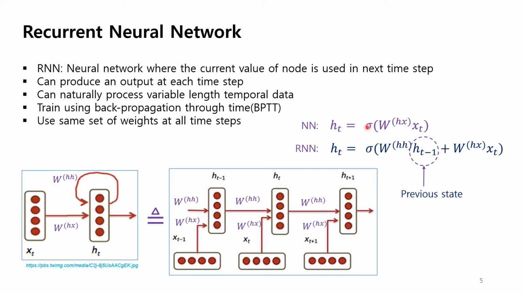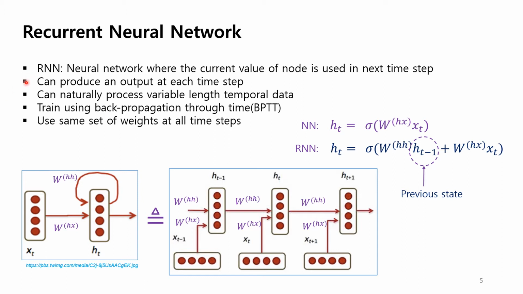So the only difference is that in RNN we have another input, which is the result of the previous state. Again, these weights are the same across all time steps. So that was the difference between RNN and neural net.